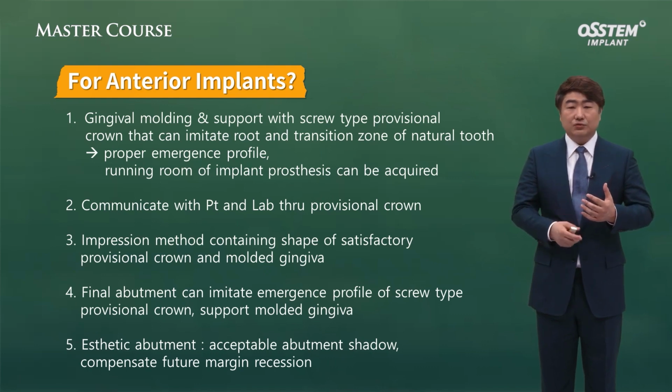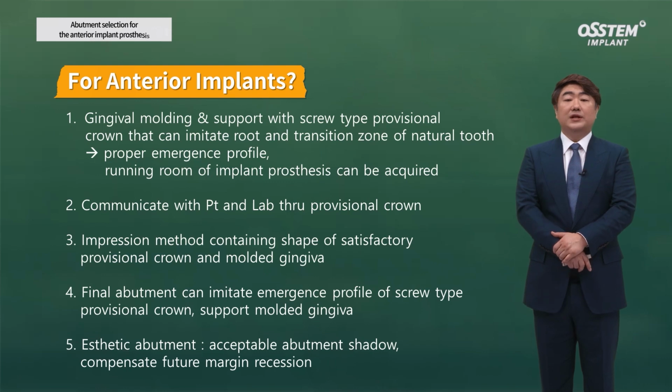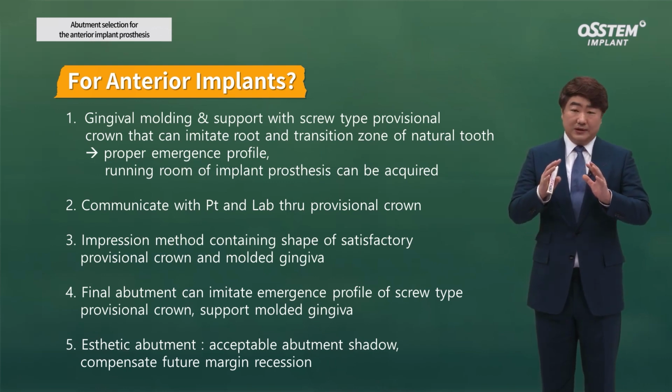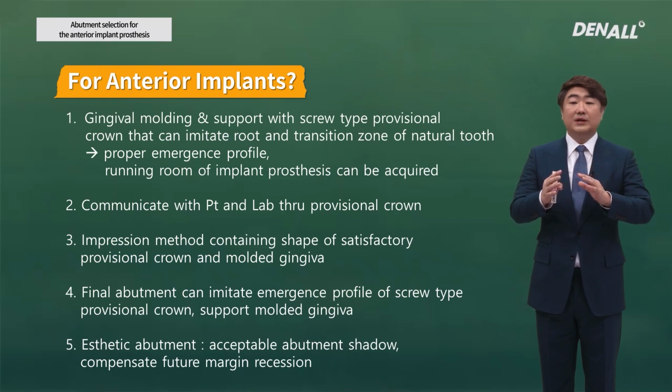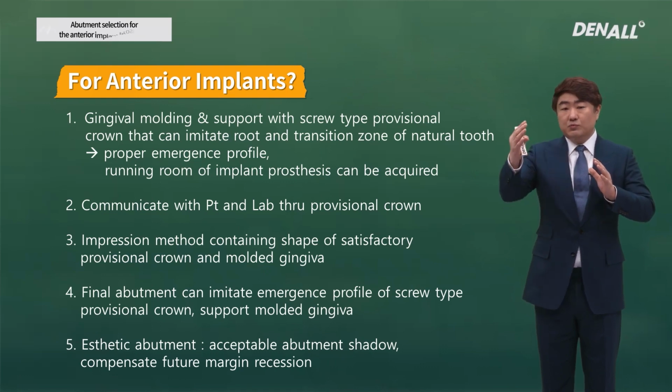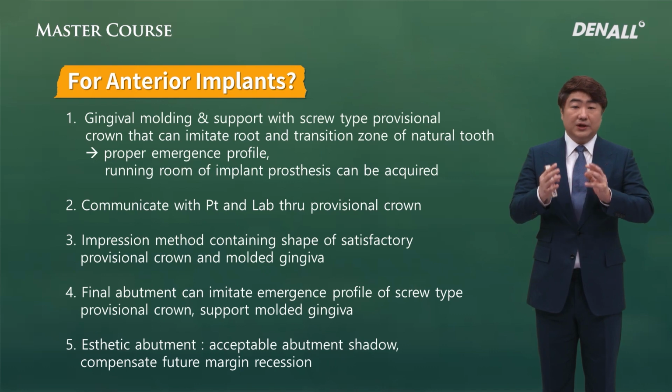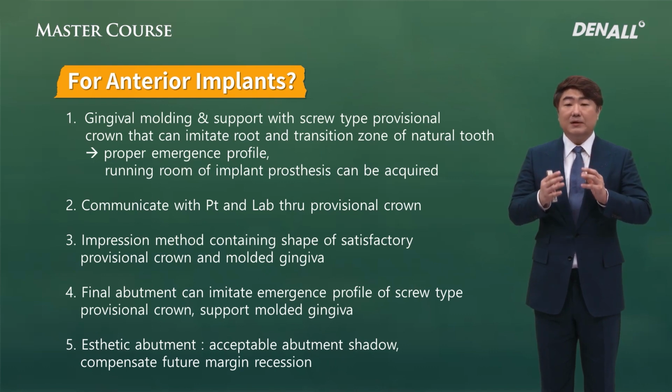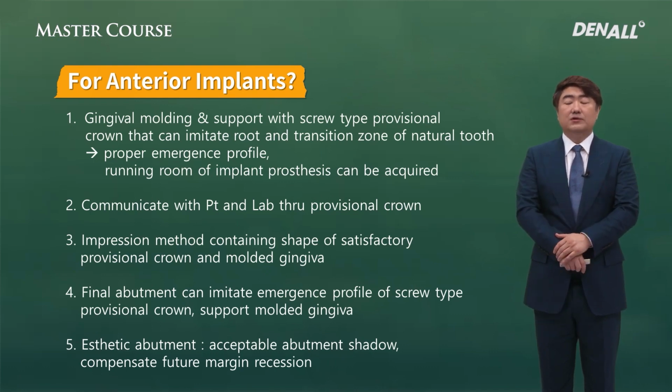And with the proper remodeling, if the gingiva is formed, then the shape of the provisional that the patient was satisfied with, plus the gingiva, even the internal running room, in the way that can be imitated, you take an impression, and with that you make the final abutment.